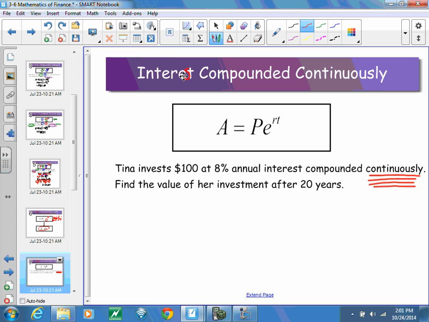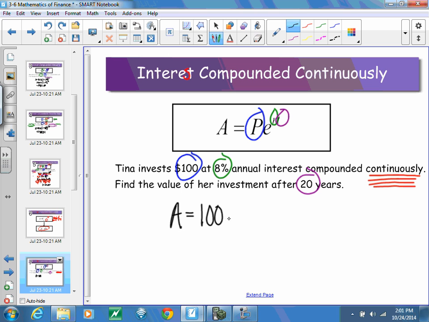Here we're working with compounded continuously, so we're going to use our PERT formula. We've got our principal amount of $100. We have an interest rate at 8%, and we're going to keep it in that bank account for 20 years. So here A is equal to 100 times e to the power of 0.08 times 20.